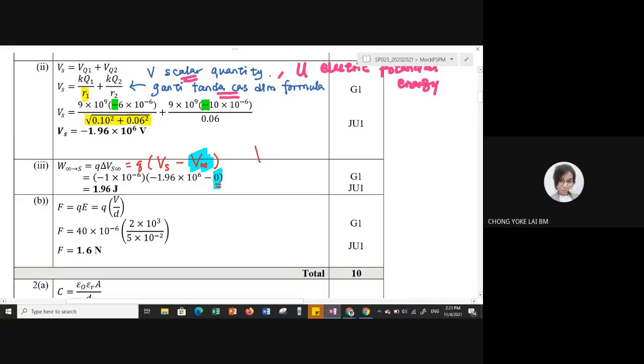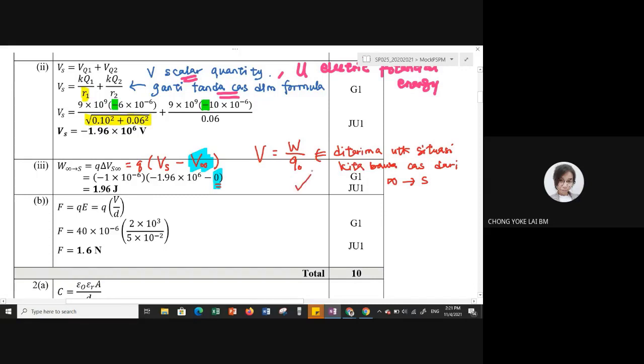Kalau you nak guna formula V adalah W over Q naught macam ni, ini hanya akan diterima untuk situasi kita bawa charge dari infinity pergi satu titik. Contohnya macam soalan ni lah. So, kalau soalan ni kita boleh terima.